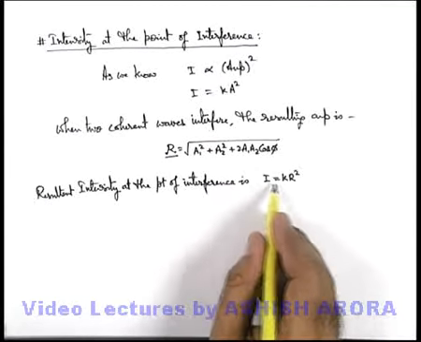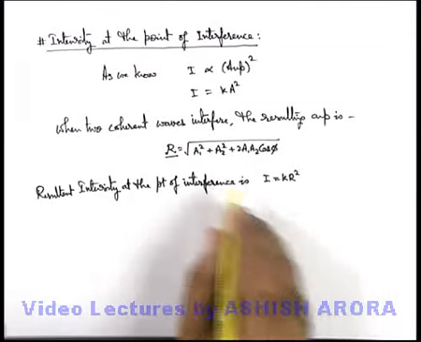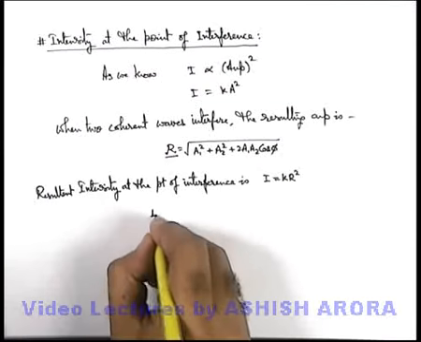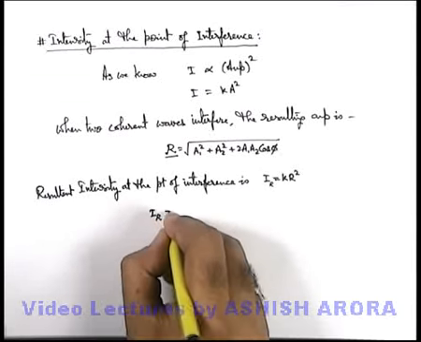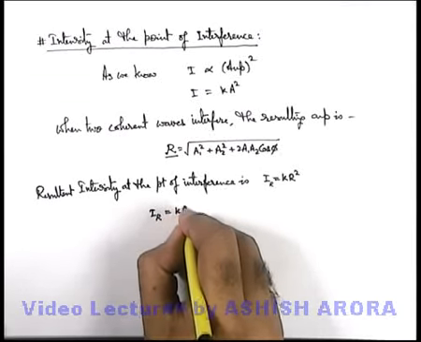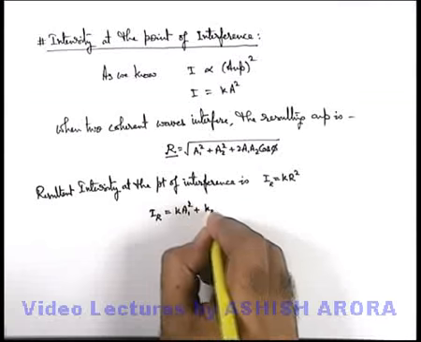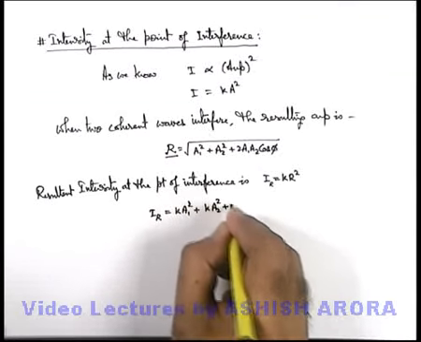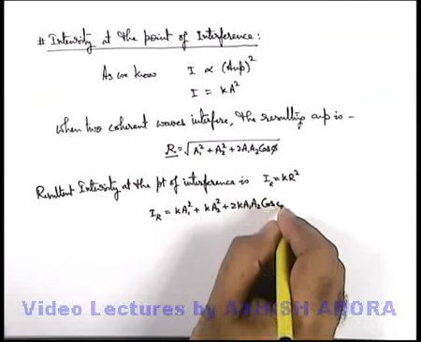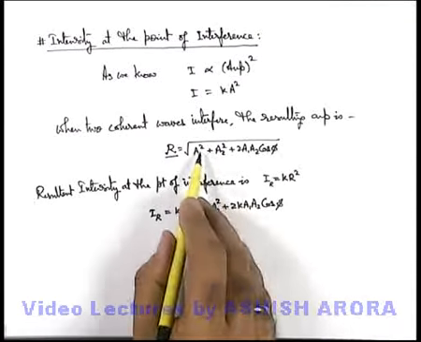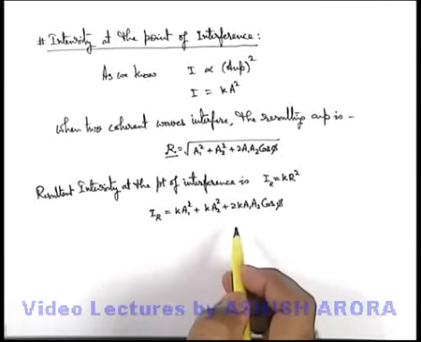Now if the resulting intensity is KR², on substituting the values we'll get this resulting intensity, which can be termed as Ir. It is KA1² + KA2² + 2KA1A2 cos φ. We have just substituted the value of R over here.